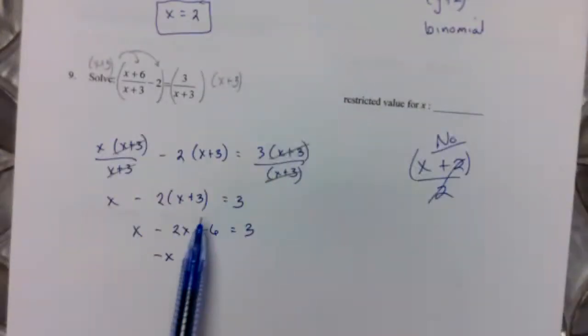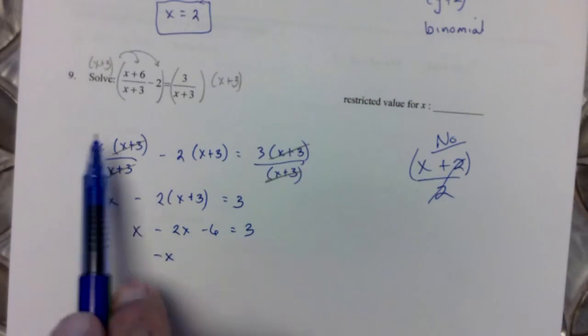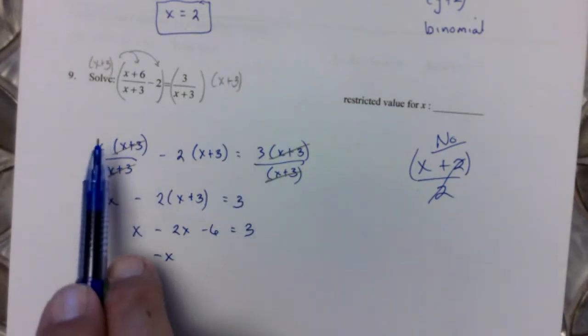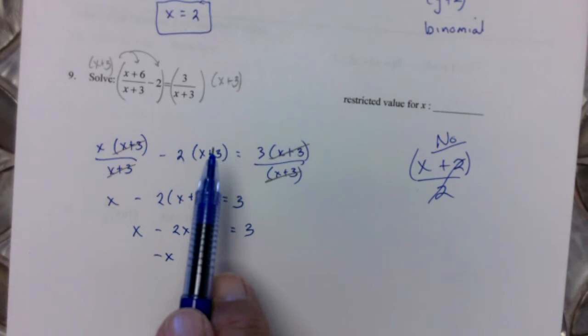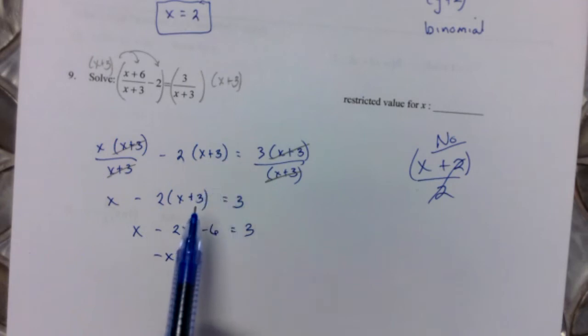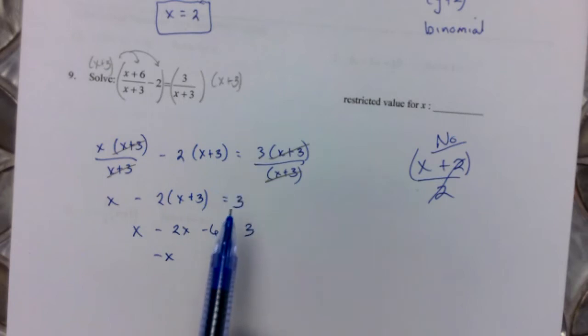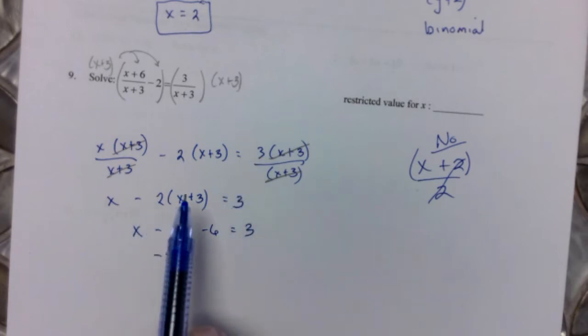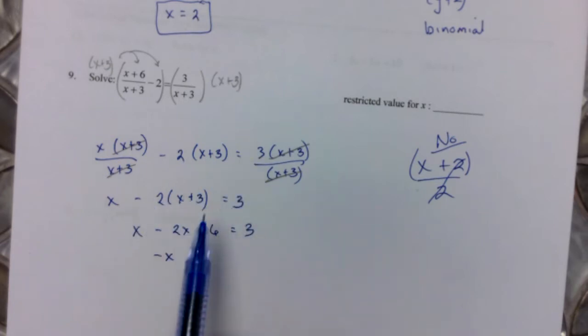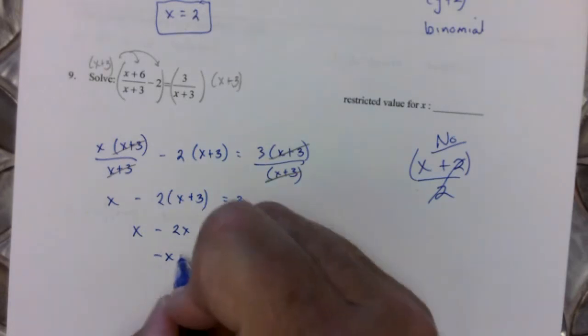Is my work up to this point good? I canceled all that out. I have x, yeah. I have -2 times that binomial x plus 3. Binomial, bi has two terms, and I have 3. I distribute the -2. I get -2x minus 6.